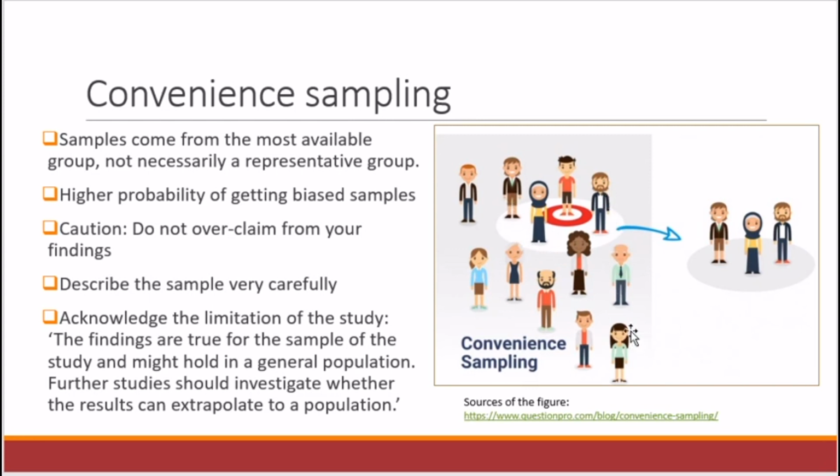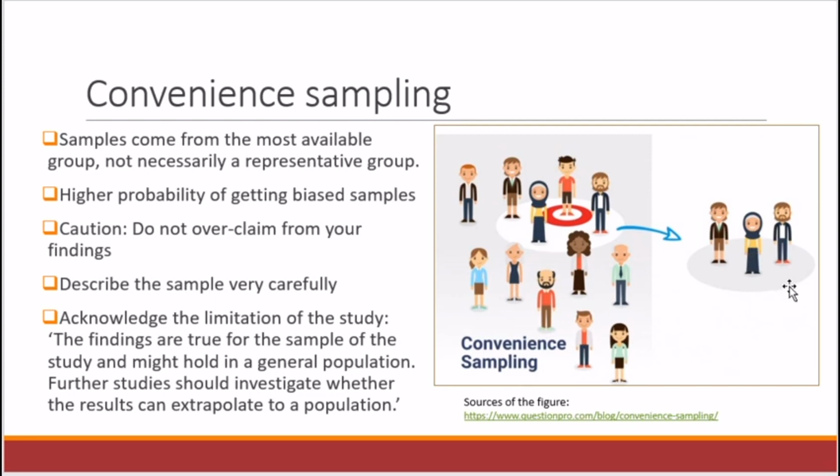But then what about these people who are far away from you and are not available? They will not get a chance to be a part of the sample. And the inclusion or exclusion of these people might have a significant impact on your results. You might totally get a different profile in your research, and that might not be generalizable to the population from which the sample has been drawn.